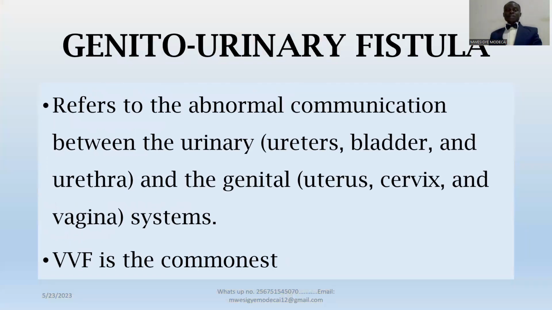When you talk about genitourinary fistula, the word genito refers to the uterus, cervix, and vagina. And when you talk about urinary, we refer to ureters, bladder, and urethra. A fistula is an abnormal communication, an abnormal orifice that appears.